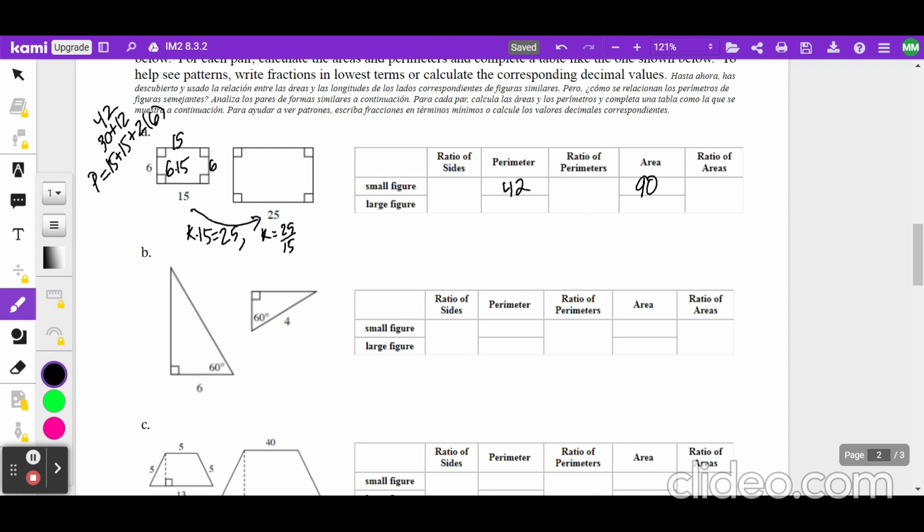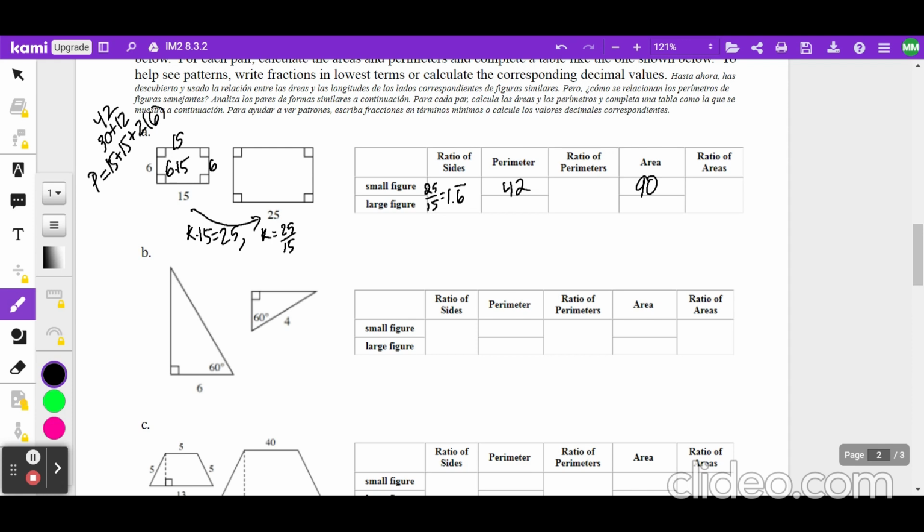So I'm going to write it as 25 over 15, but I'll write it as a decimal. Okay, that's 1.6 repeating. If you prefer, you could also write that as 3/5. 3/5? 5/3. Just kidding.